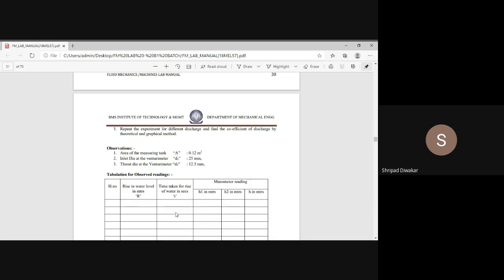H1 is minus 2.5 centimeter, what I'm giving is centimeter, not meter. And H2 is 2.2. Minus 2.5 and 2.2, and H is 4.7. Only two readings, sir? Only two readings.